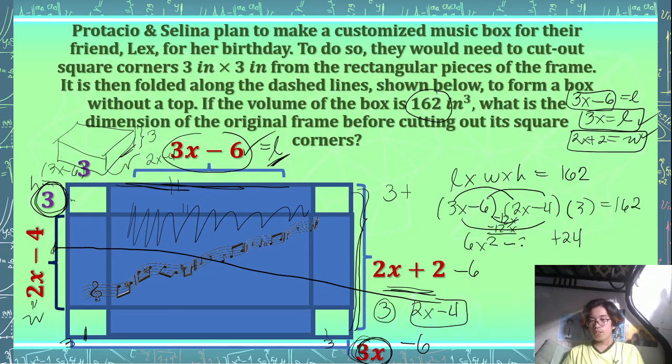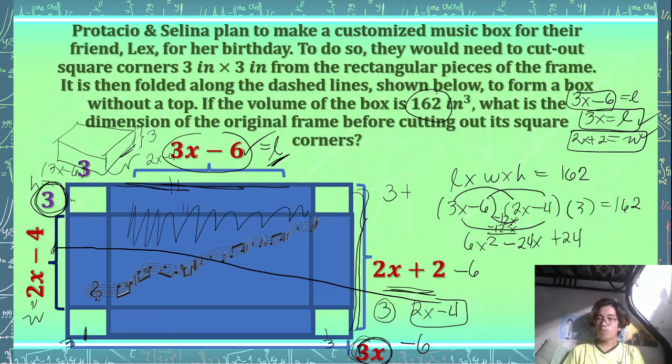Therefore, the middle term of this trinomial is negative 24x. So we have this trinomial 6x squared minus 24x plus 24, and then we have to multiply that by 3.